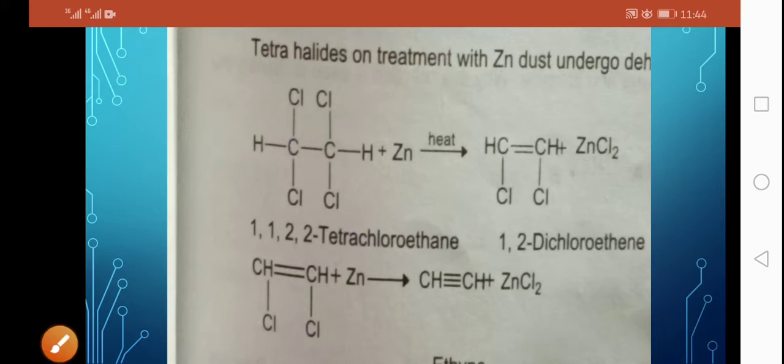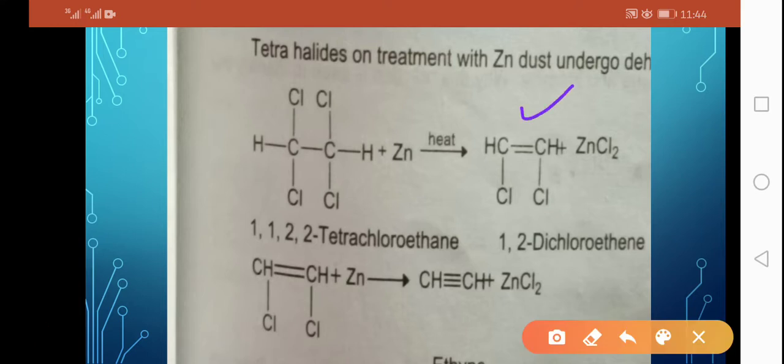And after the reaction we will obtain a product which is an alkene, but our concerning product is the alkyne, that is the triple bond.